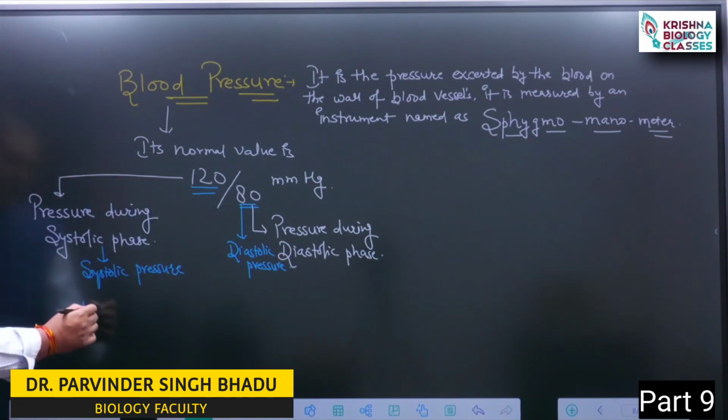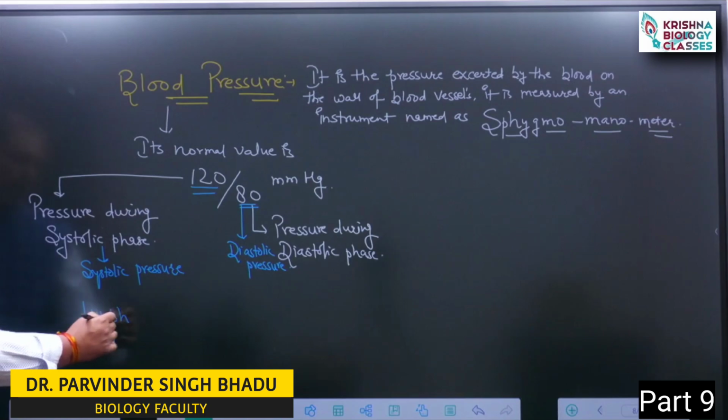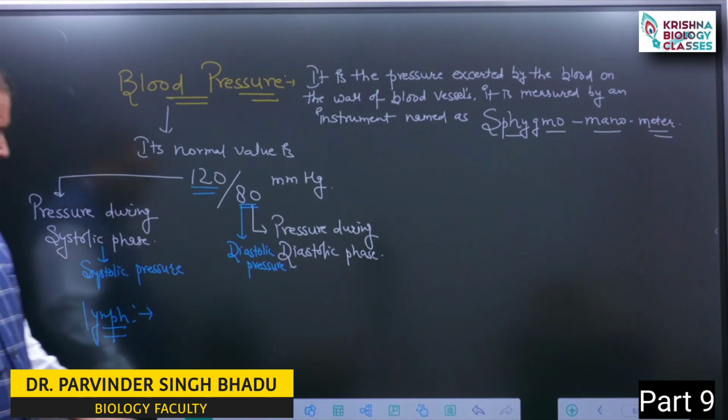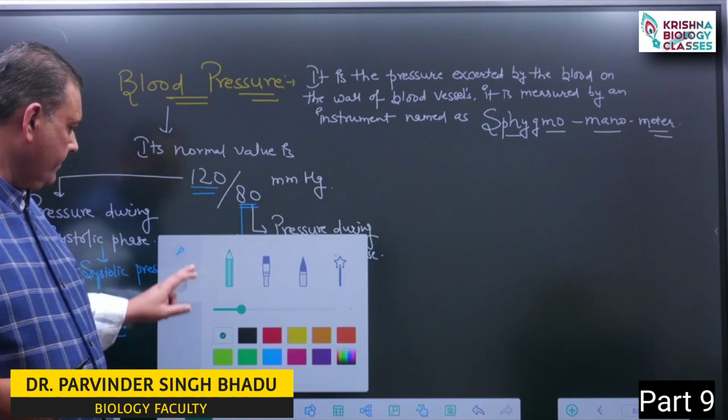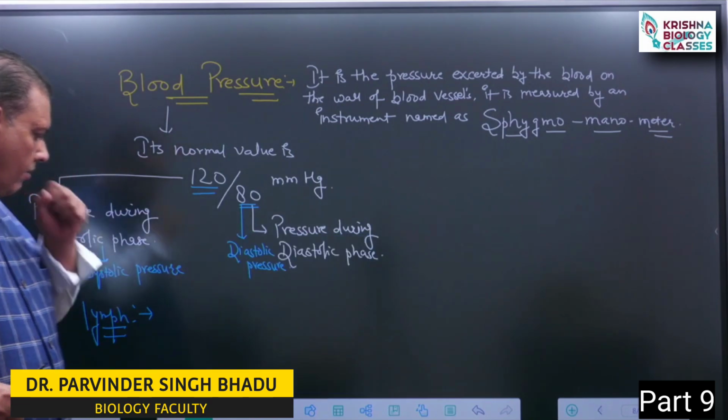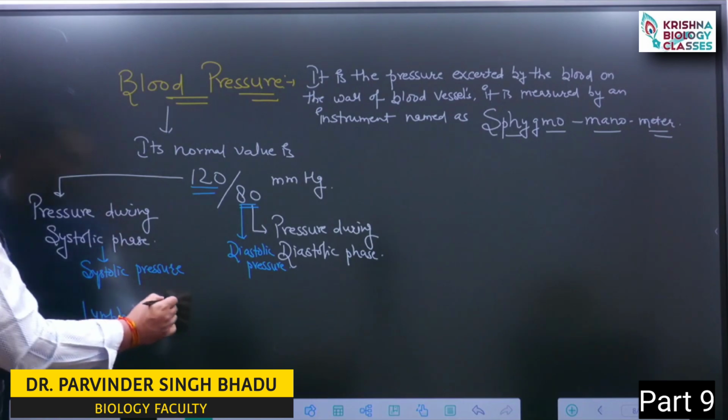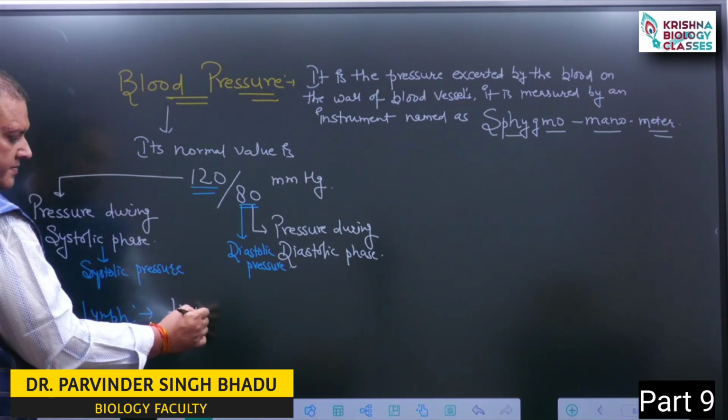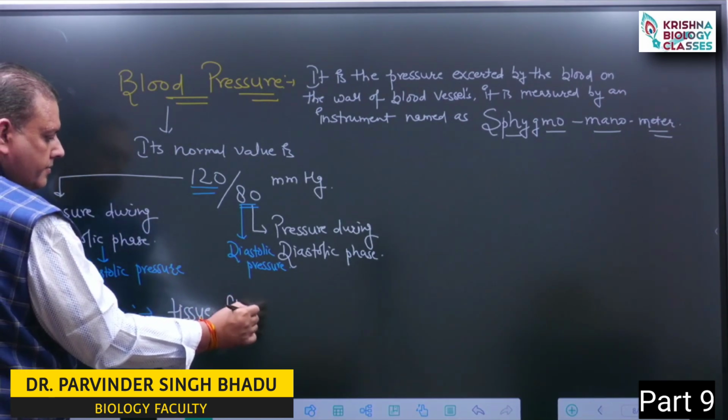Apart from it, in this topic, you also need to remember one more liquid present in our body, which is named as lymph. Commonly we used to say it is a tissue fluid.